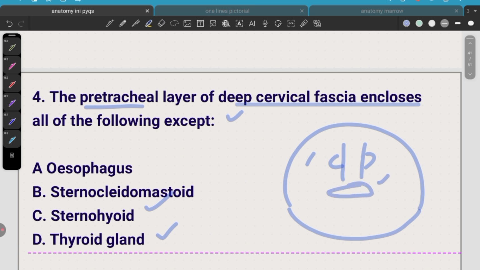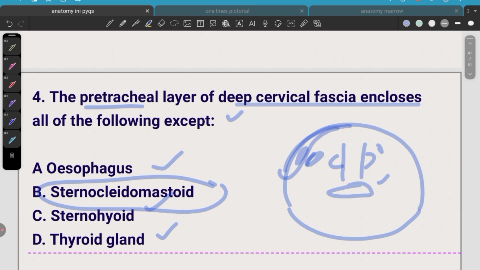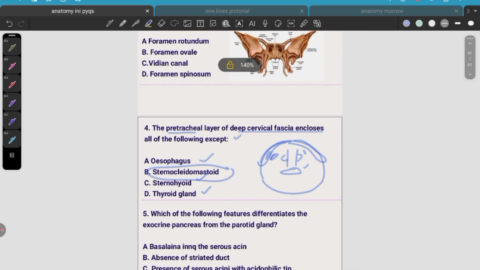Yes, correct. Sternohyoid is also somewhere on this side, whereas sternocleidomastoid is the muscle which is covered by the deep cervical fascia here. Okay, let me show you the picture.